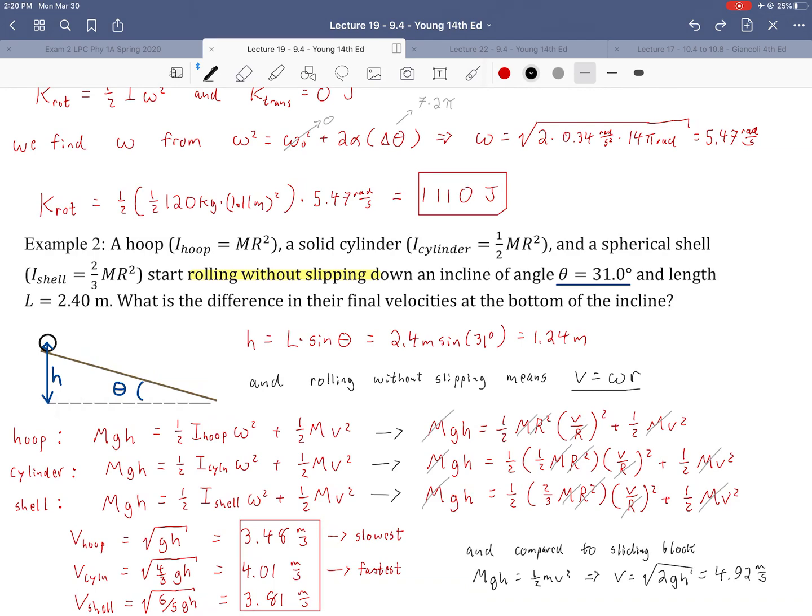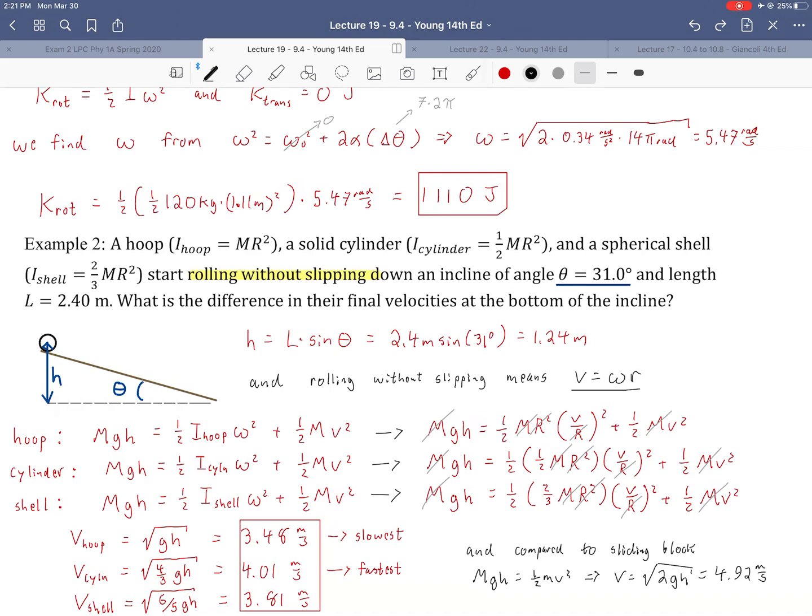Now that makes sense. So the last thing I'll say in this lecture before we move on to the second half in the second video: that makes sense because the block doesn't have to spend any of its energy rotating. In other words, all of the gravitational potential energy can get allocated to the translational kinetic energy without having to save or use up any of it for rotation.